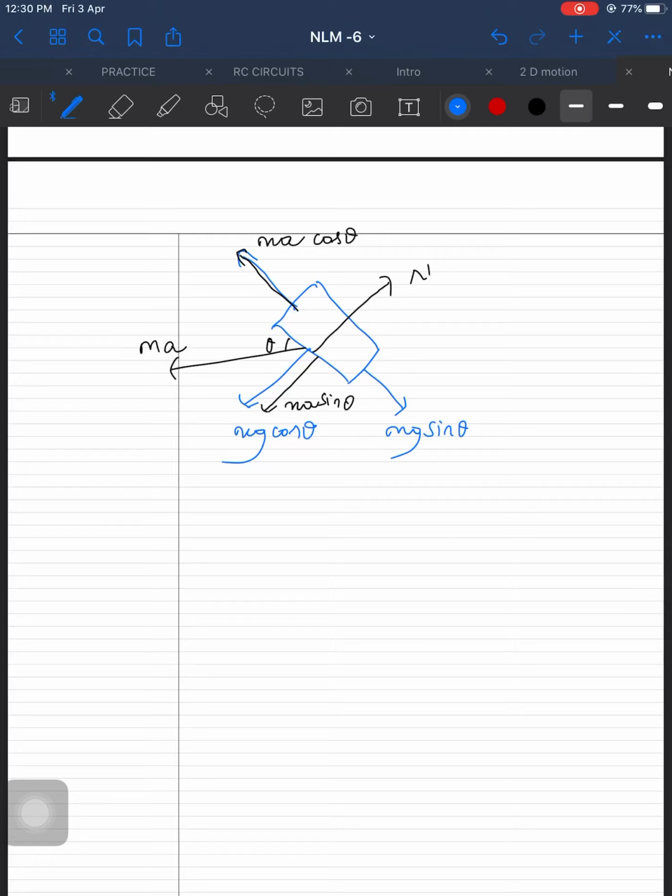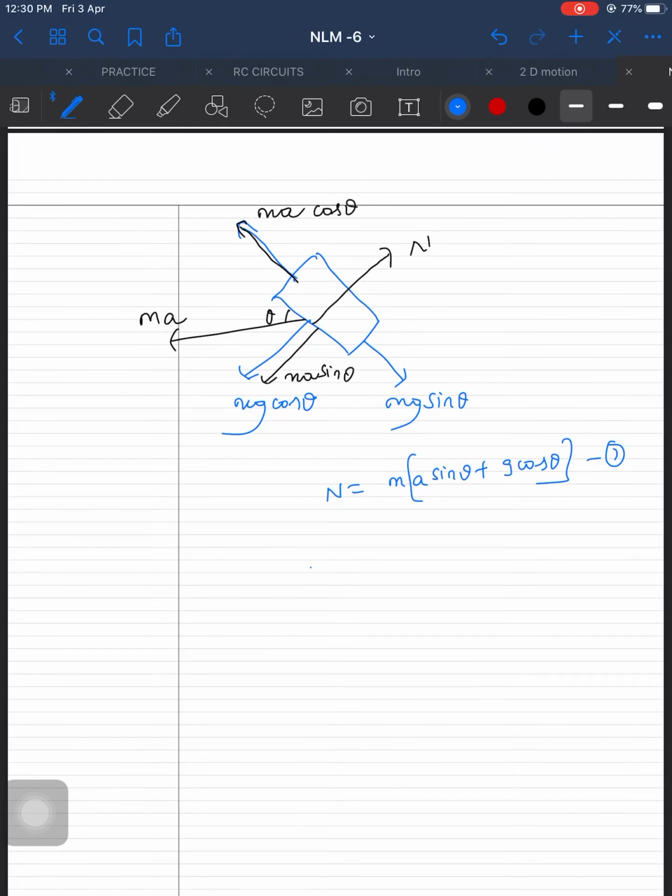If you solve, the net force horizontally is equal to 0, and vertically the acceleration should also be equal to 0. N must be equal to m(a sin theta plus g cos theta), because the acceleration is equal to 0, and I'm considering this direction.